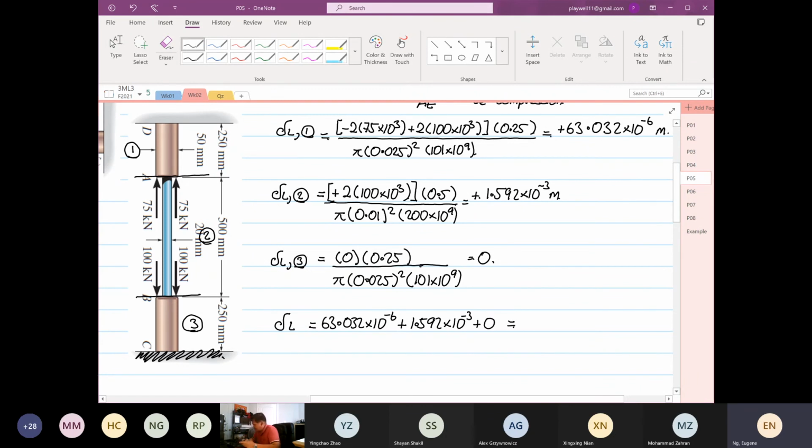We add them up. So 63.032 power minus 6 plus 1.592 power minus 3 is equal to 1.655, positive, 1.655 times 10 to the power minus 3 meters.